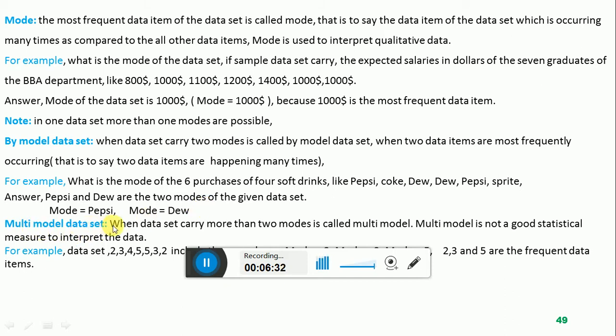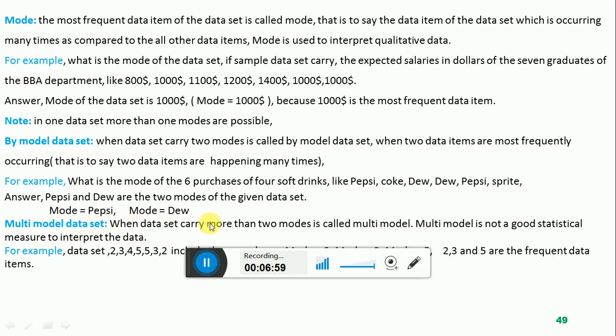Multimodal data set: when the data set includes more than 2 modes, like 3 modes, 4 modes, 5 modes, and so on, this type of data set is called a multimodal data set, where the data set carries more than 2 modes. Let me read this description of the multimodal data set.